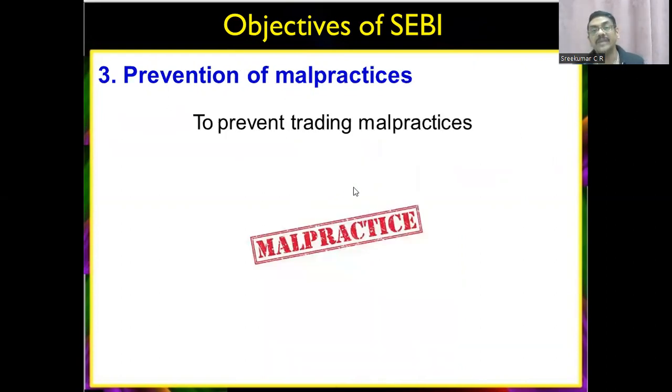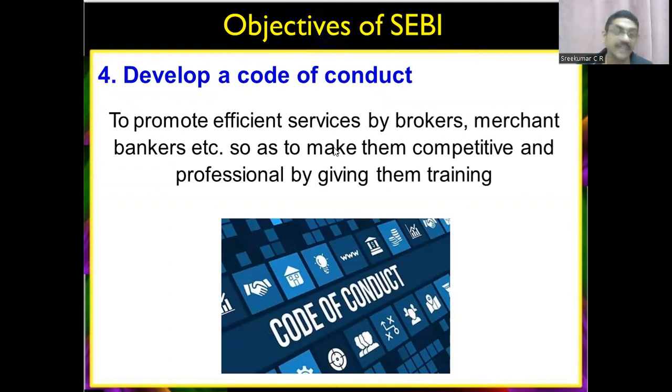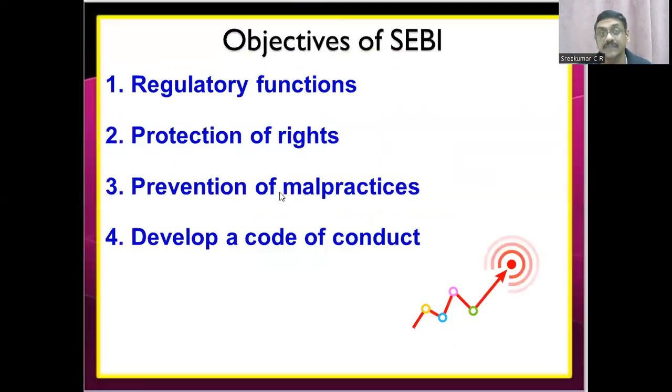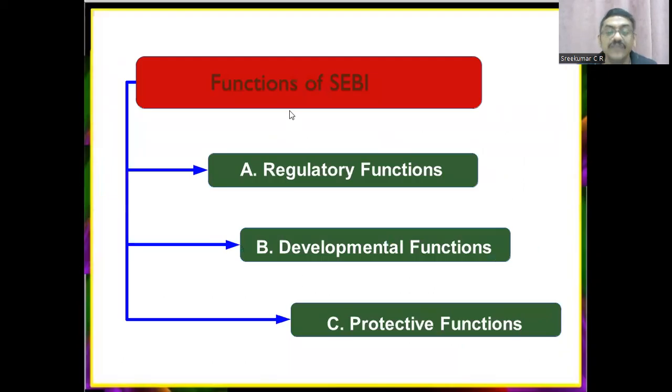Then preventing malpractices, then developing a code of conduct that must be followed in the stock market, either by brokers or merchant bankers. So these are the functions: regulatory, protective, and developmental. This part we will discuss in the next session, children.